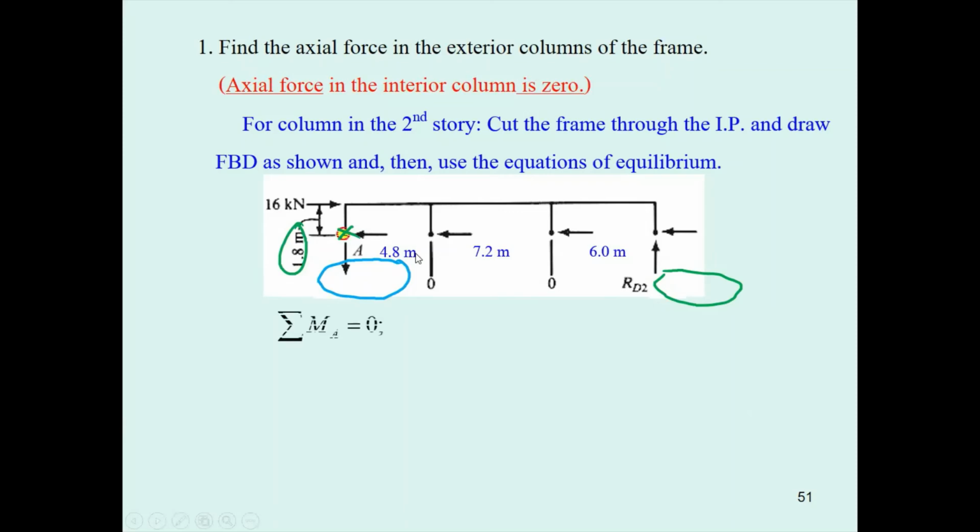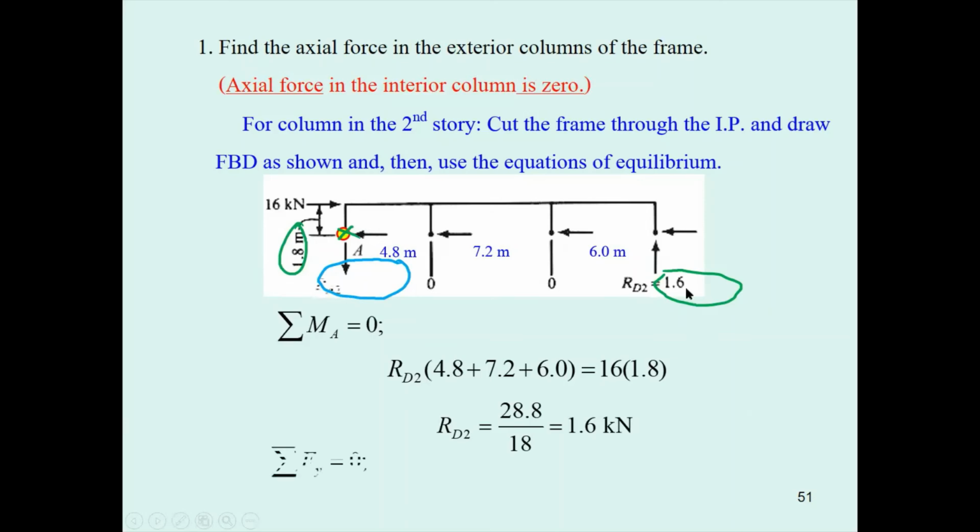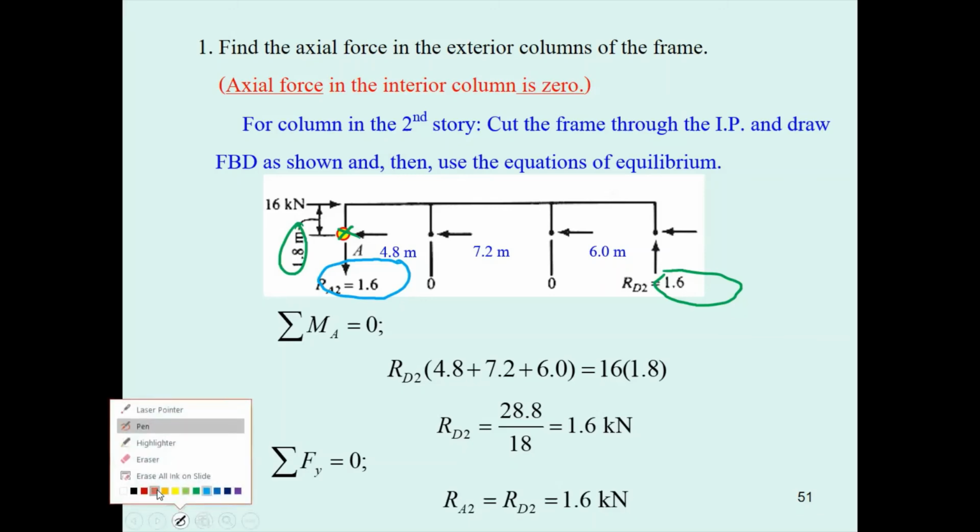Just take this one, and then you get 1.6. When you get 1.6, summation of F sub x equal to 0, you get this one 1.6. And based upon this again, we're going to determine the shear that occurs over here. Now we just cut the frame. Consider here, and later we will find the shear here.